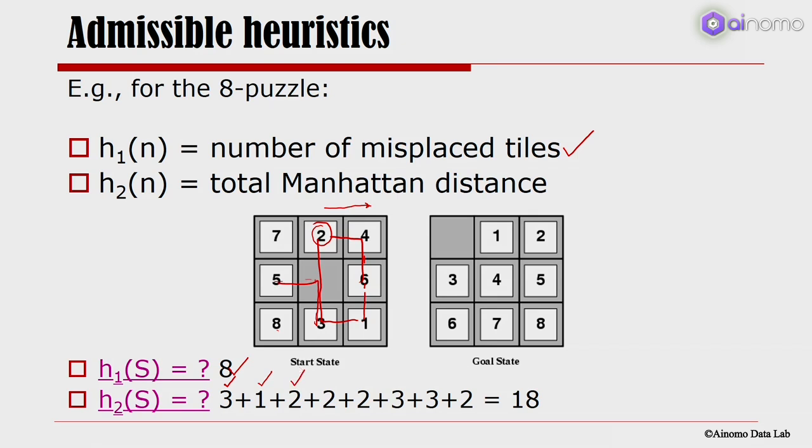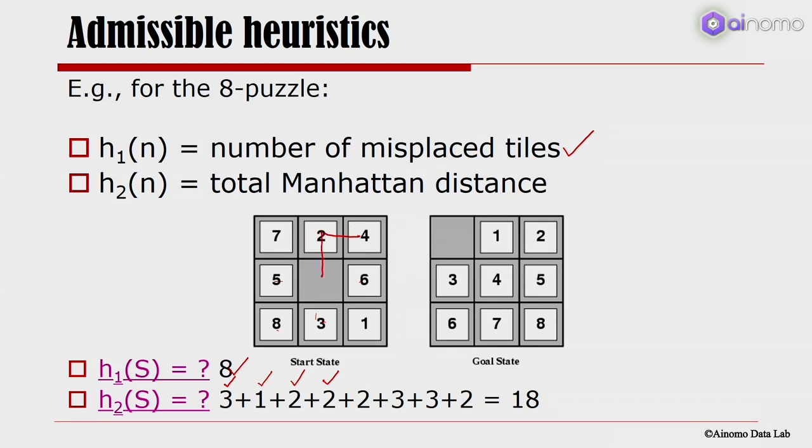For 4, let me clear this so that you can see more clearly what is happening. So for 4, here is the goal position and here I am in the initial state. In order to move to the goal position, I would need one step coming down and one step going left. So I would need 2 steps. Or if I take the other route, one step going left and one step coming down. So 2 is the number for number 4.